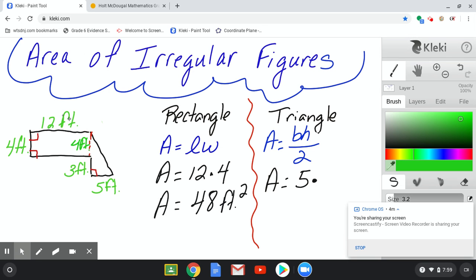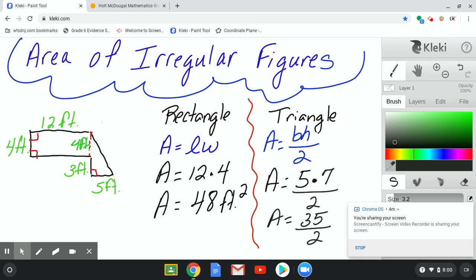All right. So now the height of my triangle is what? It is the 3 feet for this small piece plus the 4 feet for that red dotted line, giving me a total of 7 feet for my height. And then I would take that and divide by 2. So 5 times 7 is 35, and I'm going to go ahead and divide that by 2.